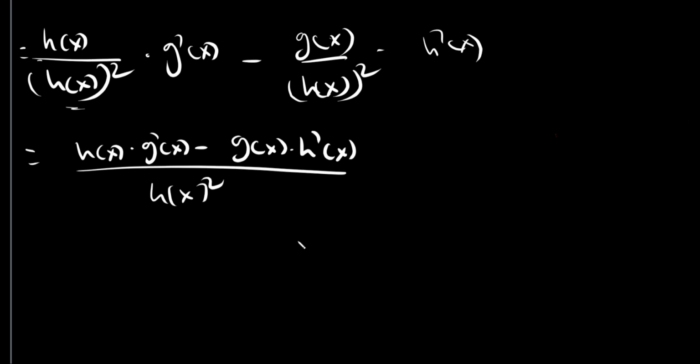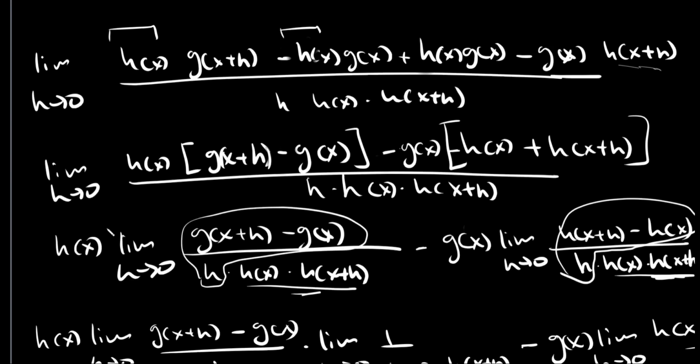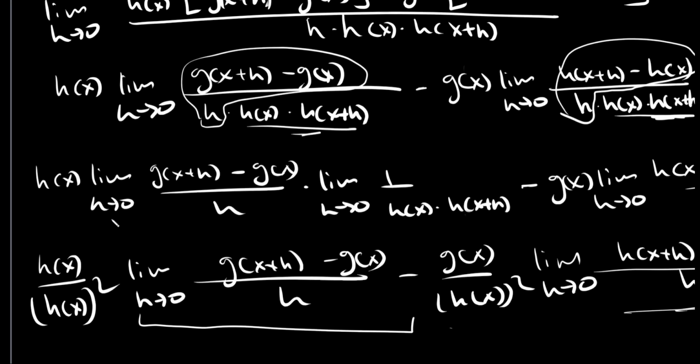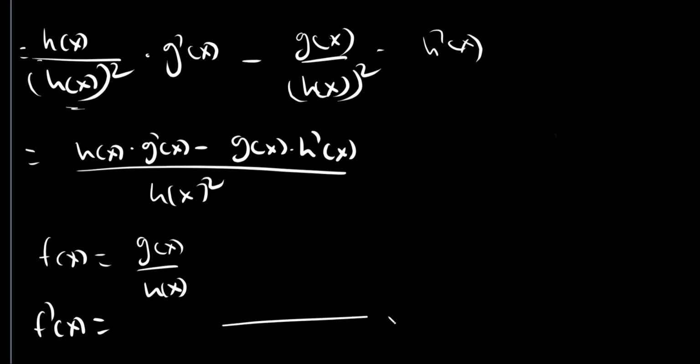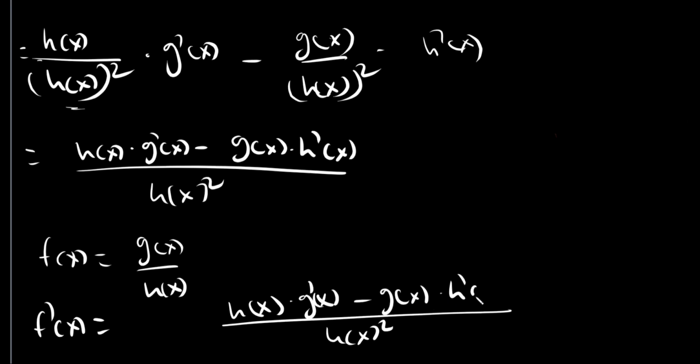So if my f of x equal to g divided by h, my f prime of x is gonna equal to h of x times g of x prime minus g of x times h of x prime.